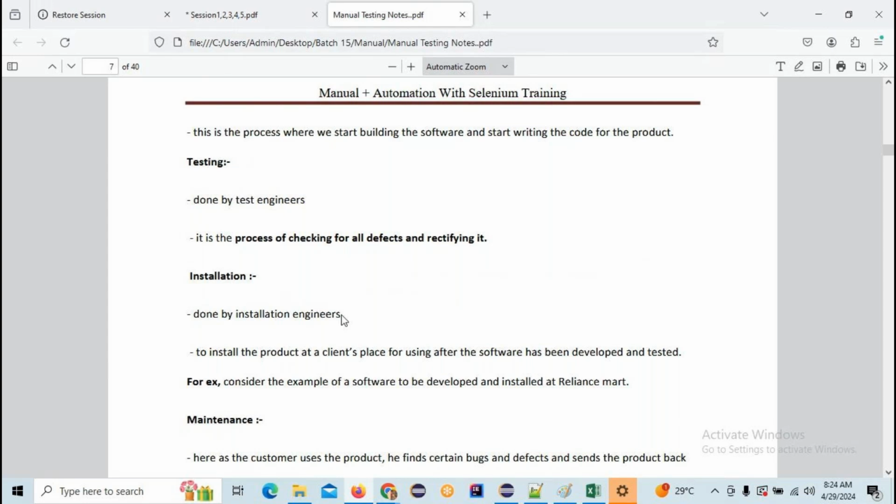Here the major advantage and disadvantage: in the waterfall model, it flows steadily downwards, right? Once you are done with the coding part, you come to the testing phase.